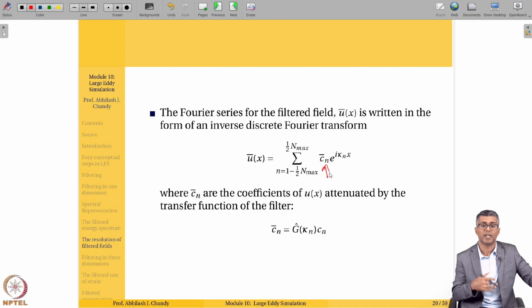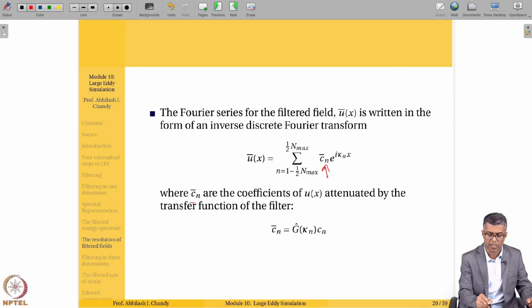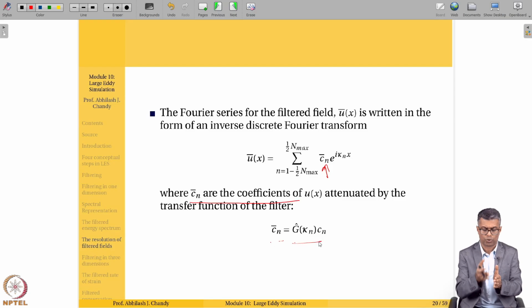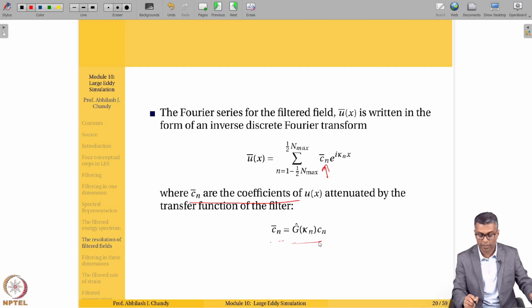So Cn bar e to the i kappa n x, going from 1 minus half Nmax to half Nmax. And as you can imagine, Cn bar, the coefficients of u of x, are attenuated by the transfer function of the filter. So Cn bar is this transfer function, whatever you use, sharp spectral filter, box filter, Gaussian filter, whatever filter you use, the transfer function multiplied by Cn. So that is how you get the Fourier mode, right?